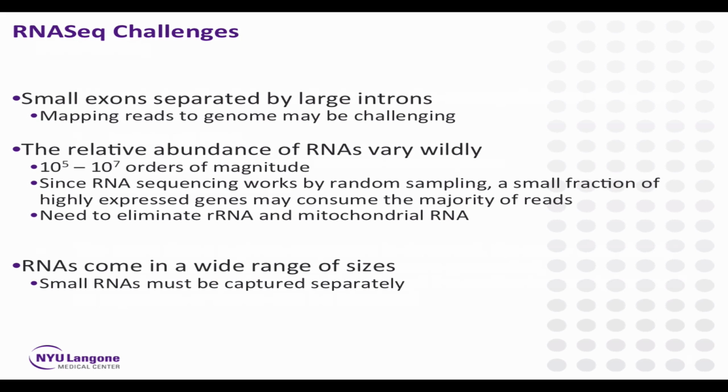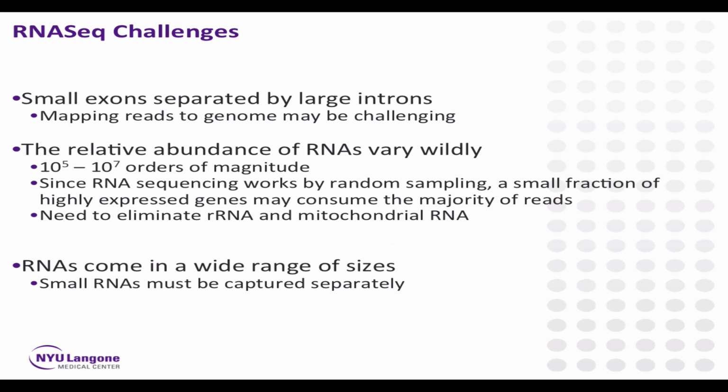And so if you're interested in looking at transcripts that are very, very low abundance, you're going to have to sequence very, very deeply, get a higher number of sequencing reads to look at those transcripts, or we're going to need to use some specific target capture to look specifically at those subsets of low abundance RNAs that you have and ignore all the rest.